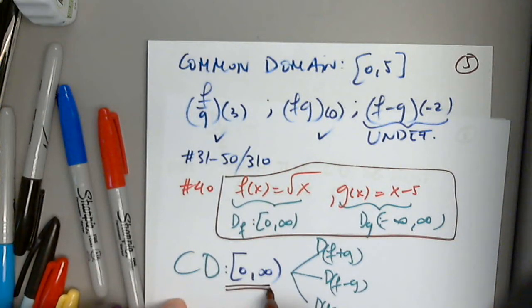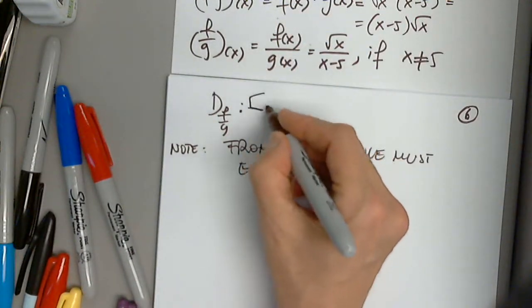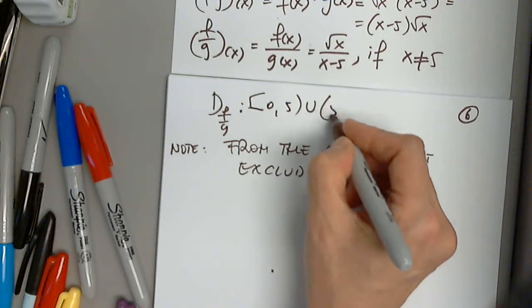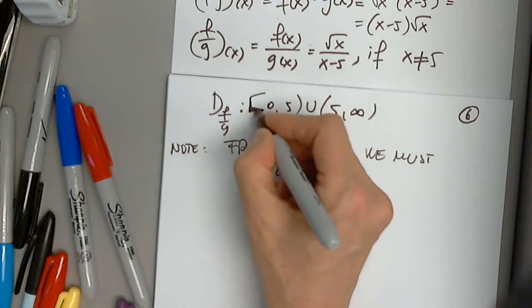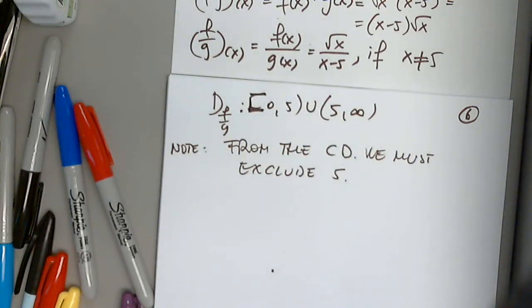Bracket 0 to 5, parenthesis, union, parenthesis 5 to infinity. Perfect. So I have to go back before I draw a conclusion here. I have to look where the two functions exist at the same time. Because if I made the mistake to write negative infinity to infinity without 5, you're going to see the function does not exist at the left-hand side of 0.